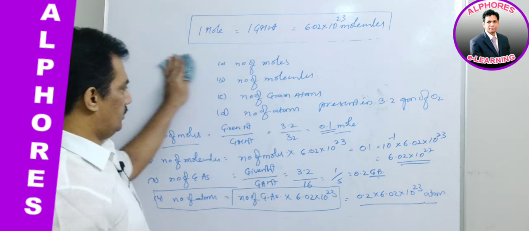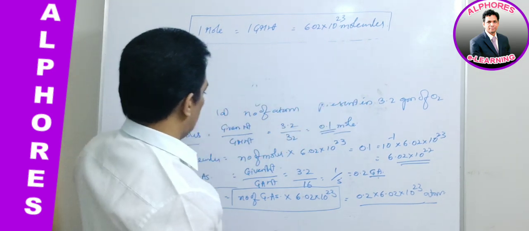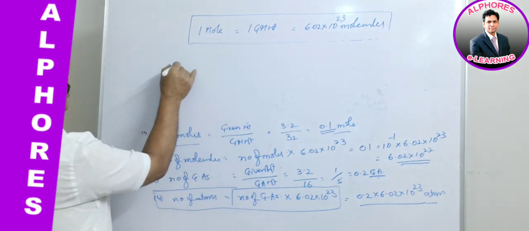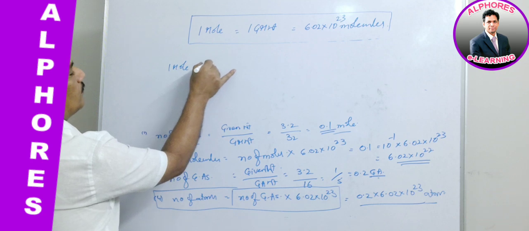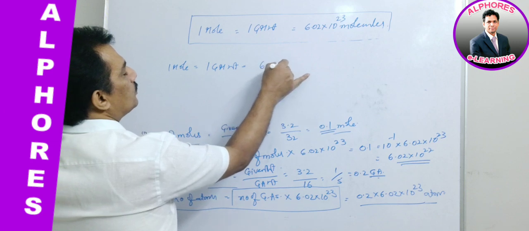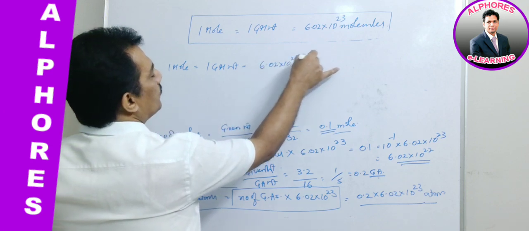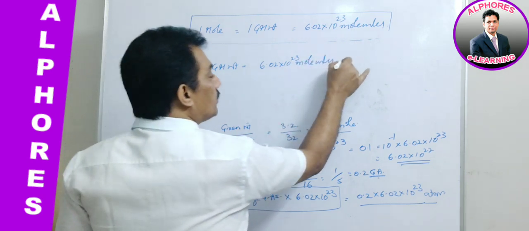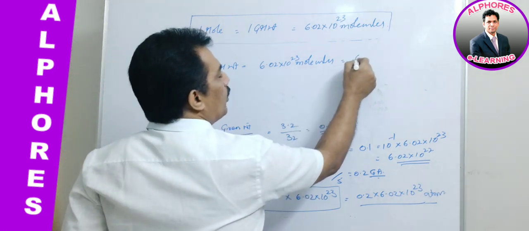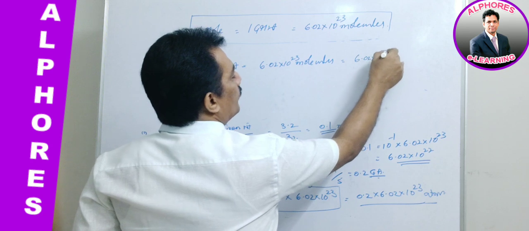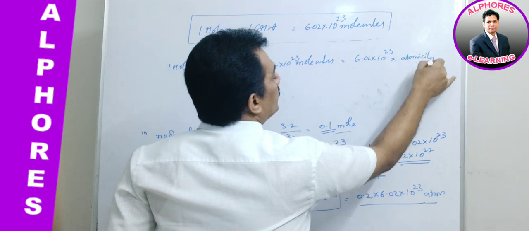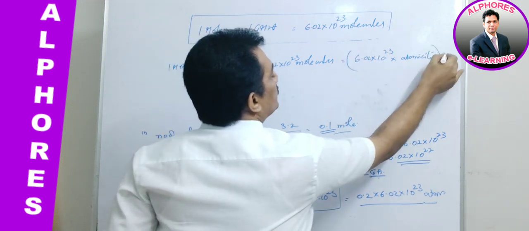Now let me write that formula. 1 mole is equal to 1 gram molecular weight, that is equal to 6.02 into 10 to the power of 23 molecules, that is equal to, you can consider the number of atoms also like this, 6.02 into 10 to the power of 23 into atomicity atoms.